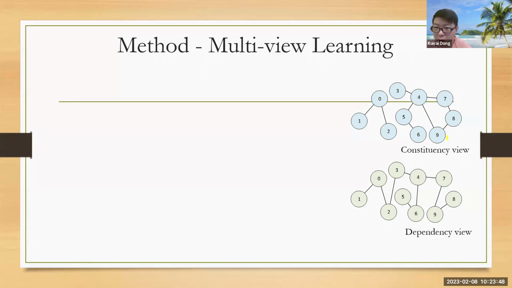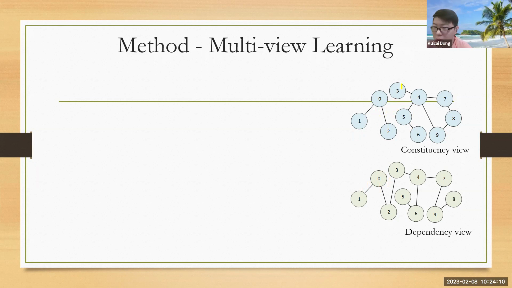These tokens all belong to one sentence, but they have different connections in different syntactic structures. For example, 1 and 0 are connected in the constituency view. They are also connected in another view.